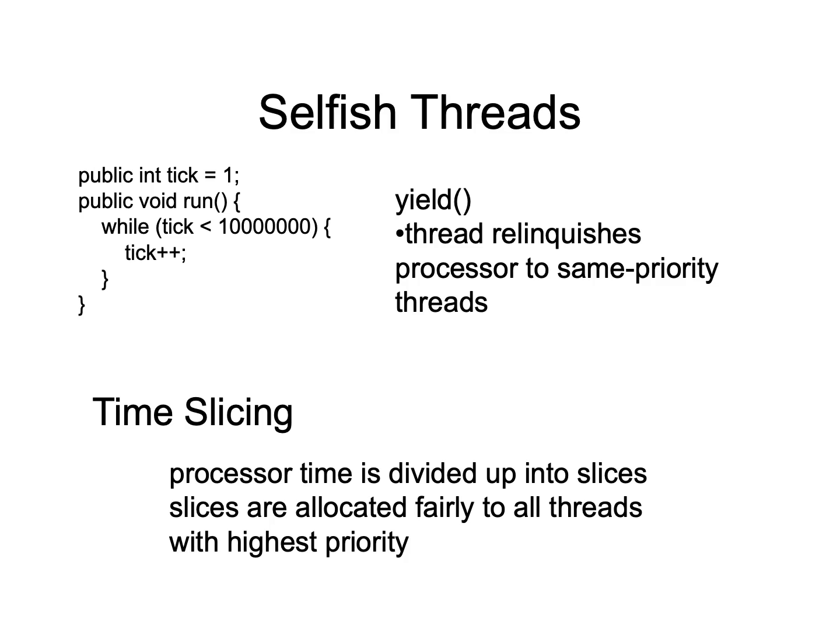And the slices are very, very short. So a thread doesn't get a giant slice, it gets a little bit, and then another one gets a little bit, and then another one gets a little bit, and then the first one gets a little bit. And it kind of goes around in a round robin like that. So that's what time slicing is.